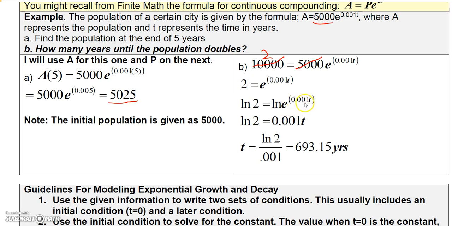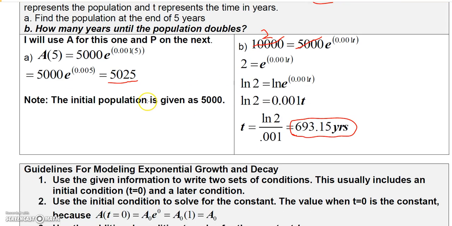So the natural log of e to the 0.001 t is simply 0.001 t, and then to solve for t, just divide both sides by 0.001. So t equals the natural log of 2 divided by 0.001, and I got 693.15 years for that example.